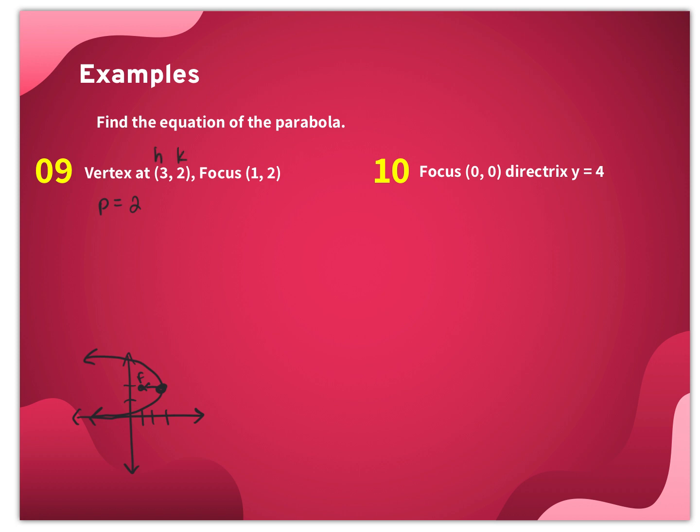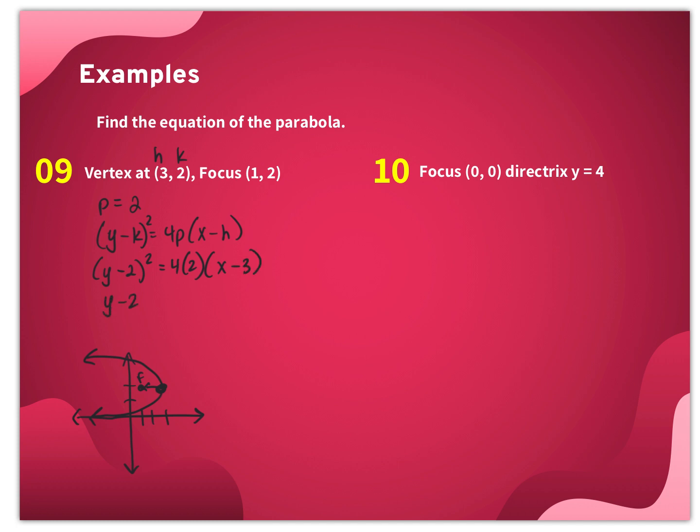This is my h and this is my k, and I know that since the graph goes left and right, it's a y squared graph, so it's going to be y minus k squared equals 4p times x minus h. So I'm going to have here y minus 2 squared equals 4 times 2 times x minus 3.